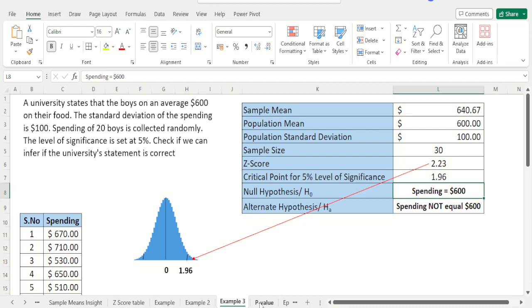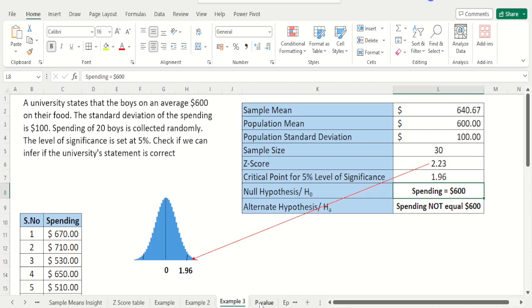What people generally do is when they run a hypothesis test and they get a p-value, they look at the p-value, and if the p-value is less than 0.05, they say that we reject the null hypothesis. And if on the other hand the p-value is greater than 0.05, they will say that they fail to reject the null hypothesis.